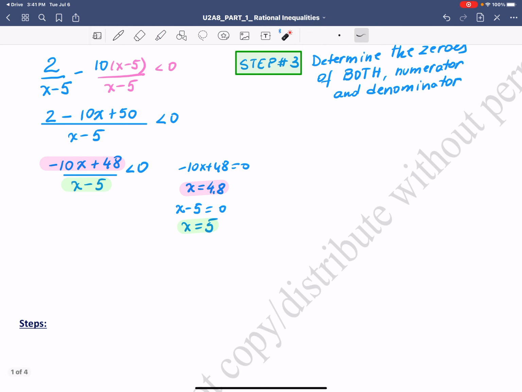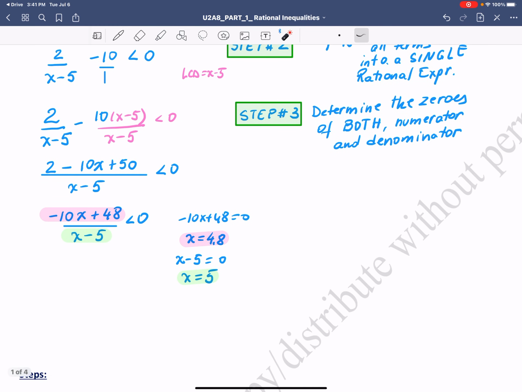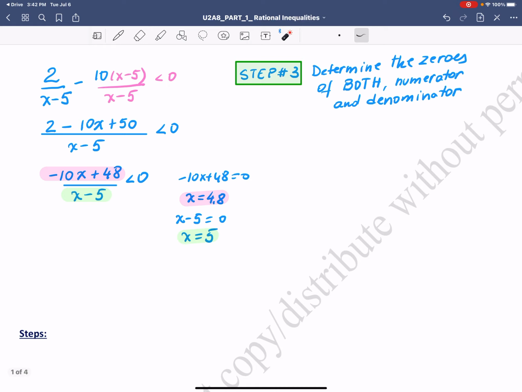Now, let's take another look at this rational inequality and let's think together. What do we want to do with this expression? So what is the goal? We want to find the values of x that will make the rational expression on the left side negative. Now, I want you to think again about what would make this rational expression negative.